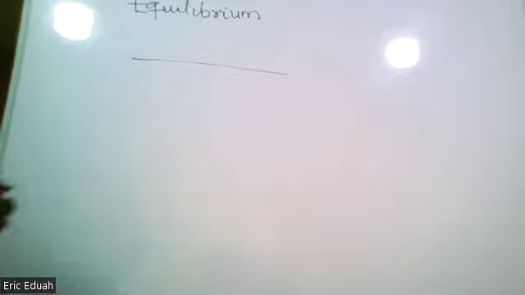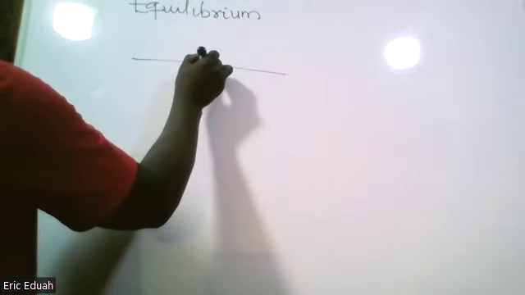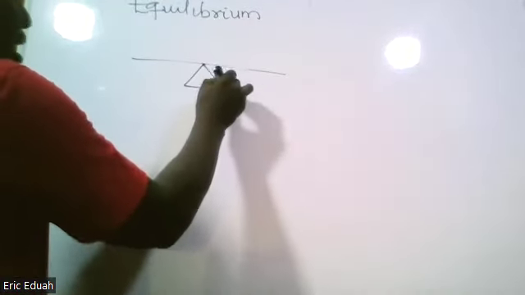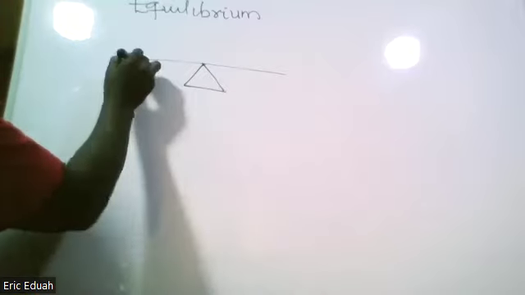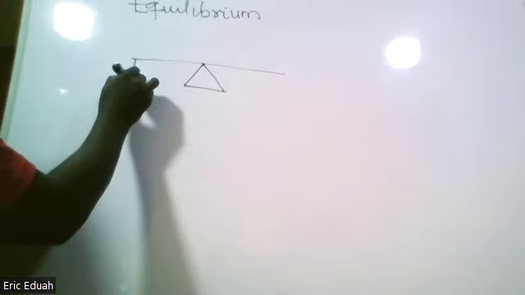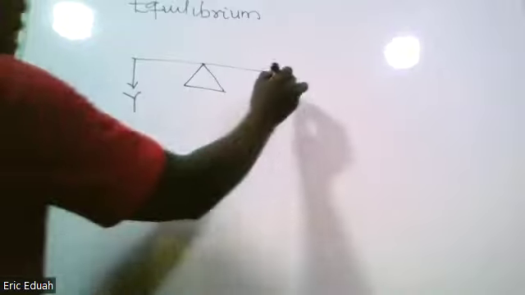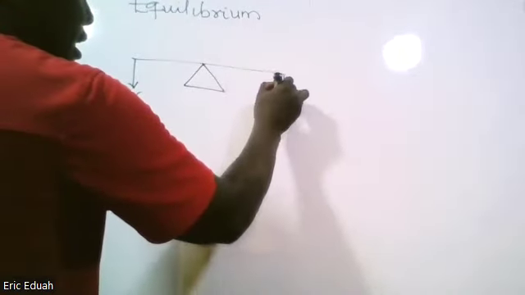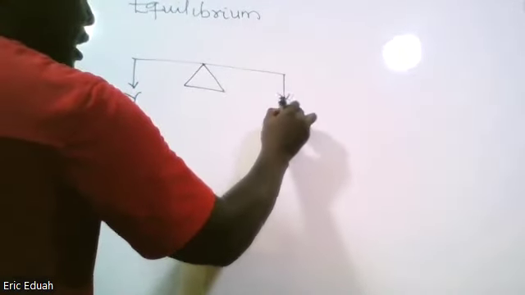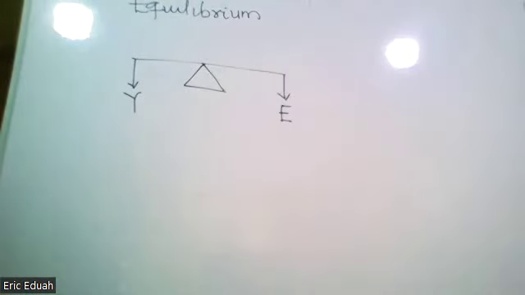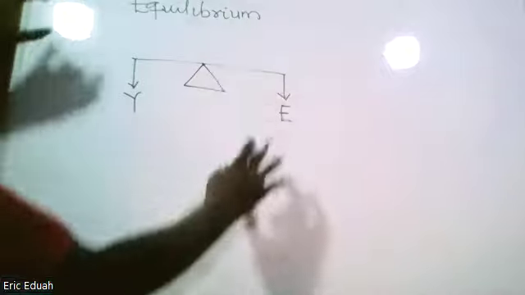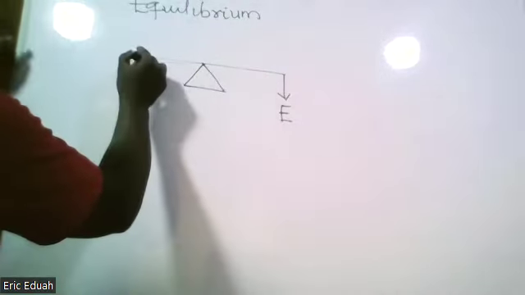On a seesaw, where we have the pivot at the center, if Yasmin is here, if Lizzie is here, and if their weights are the same, there wouldn't be any turning effect.